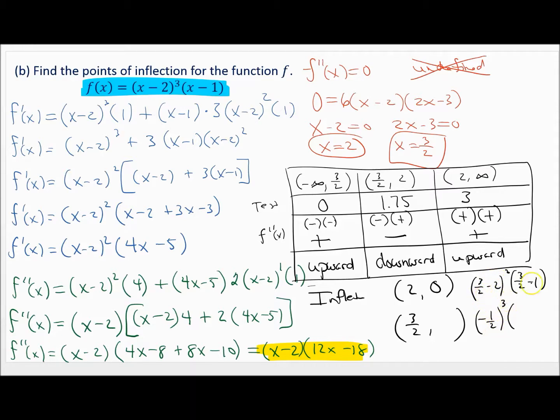Then 3/2 minus 1, that's 3/2 minus 2/2, is 1/2. I'm still simplifying. Negative 1/2 to the third: you remember you can just do negative 1 to the third is negative 1, and 2 to the third is 8, times 1/2, which is going to give me negative 1 over 16. And that is my final answer. My inflection points are (2, 0) and (3/2, negative 1/16).